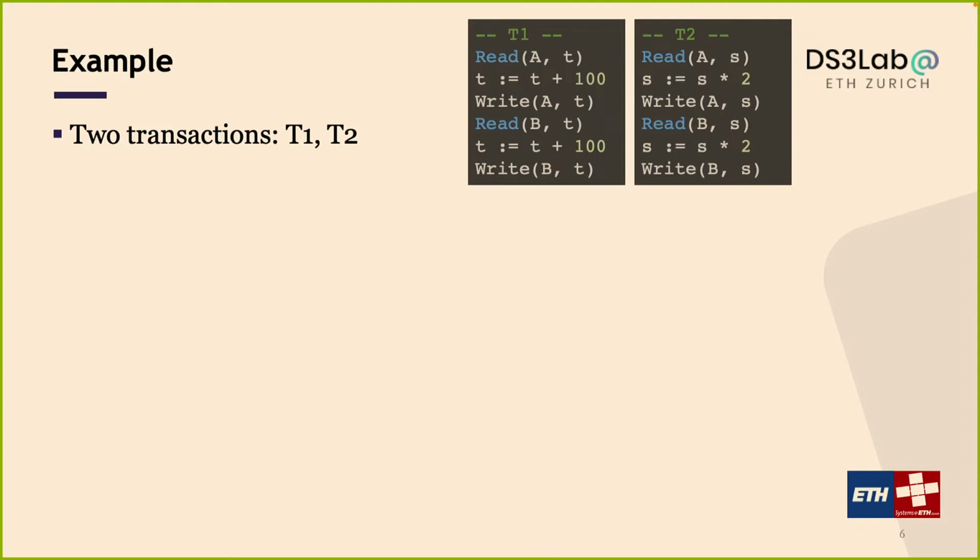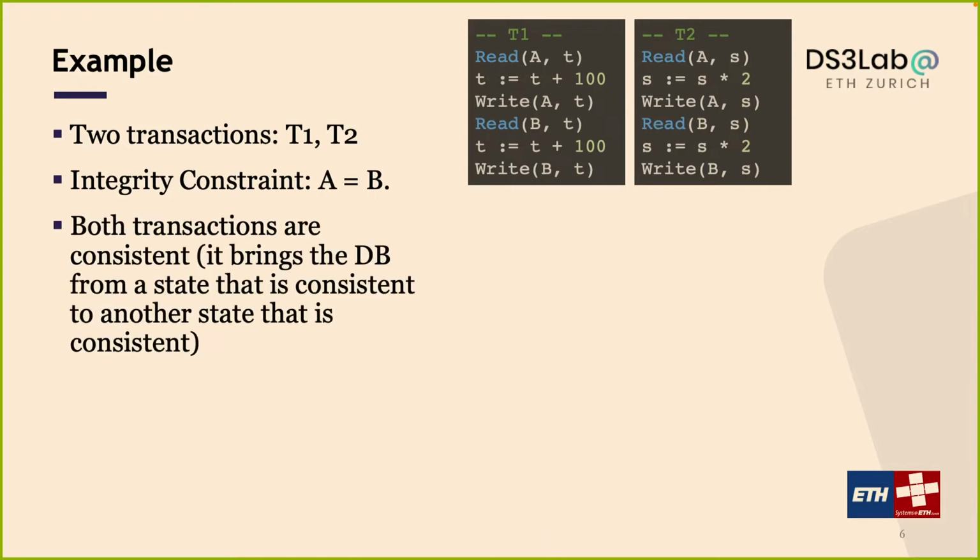First, let's try to reason a little bit about consistency, because each transaction needs to be consistent. Assuming we have one integrity constraint inside the system, that is A equals B. And you know how to specify that now. So this is my integrity constraint. We can see both transactions are consistent. How can we reason about that?